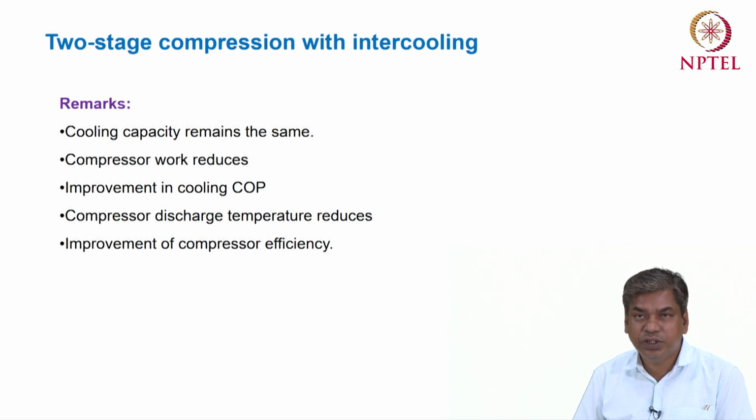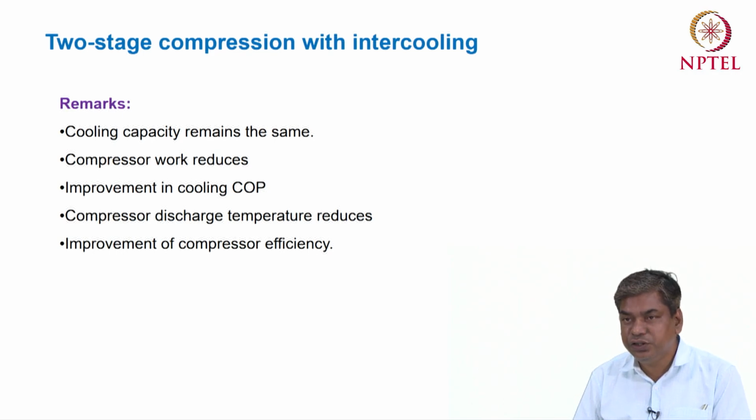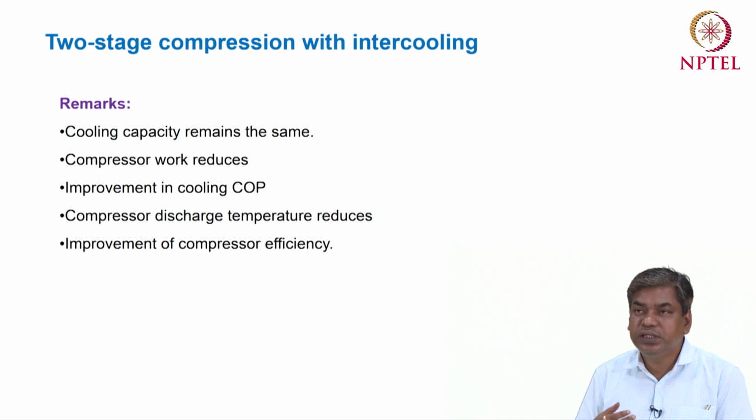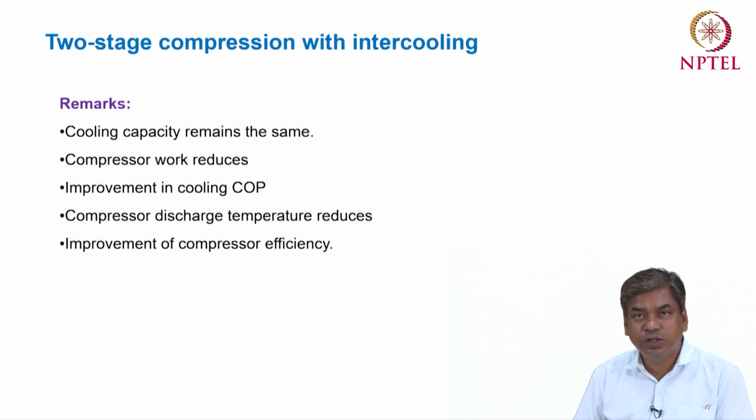So in this case, when we are using two-stage compression, the pressure ratio for each compressor will reduce, and due to the reduction of pressure ratio, the compressor isentropic efficiency will be higher, that will improve. So due to the improvement of the compression efficiency, our compressor work will also reduce.